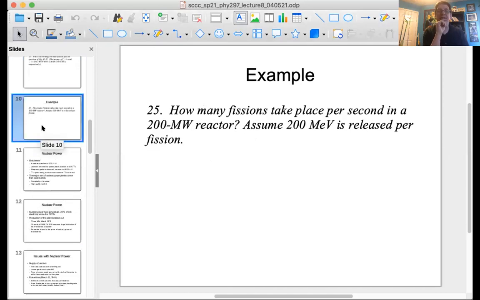So how many fissions take place per second in a 200 megawatt reactor? Assume 200 mega electron volts is released per fission.